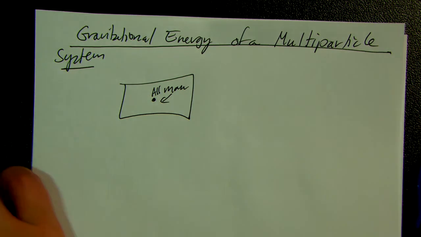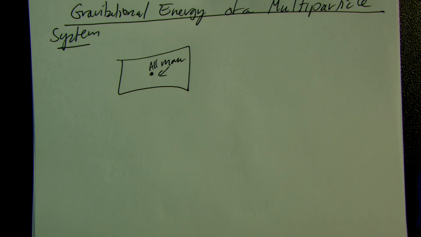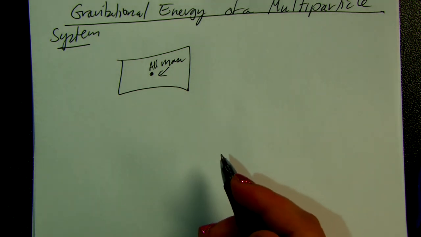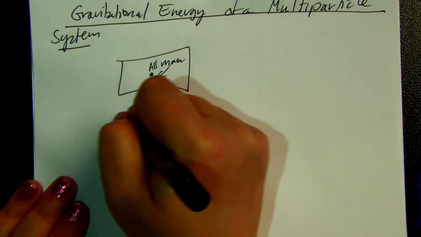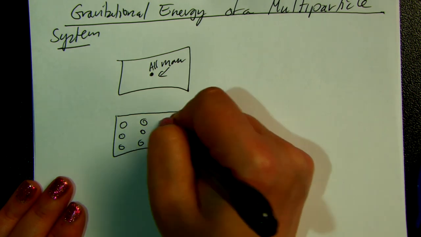Now we have expanded our systems, so we need a new approach. Or maybe this approach works. Let's find out. So let's consider a block, with all these atoms in it.